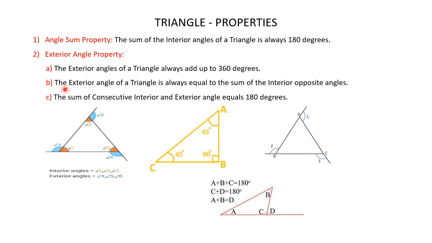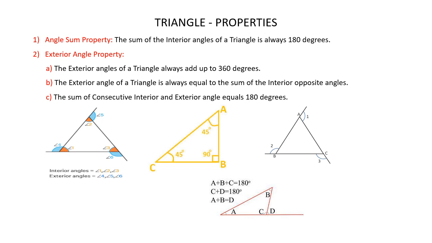The exterior angle of a triangle is always equal to the sum of the interior opposite angles. Look at this figure. Here, angle A, angle B and angle C are the interior angles of the triangle. Angle D is the exterior angle.